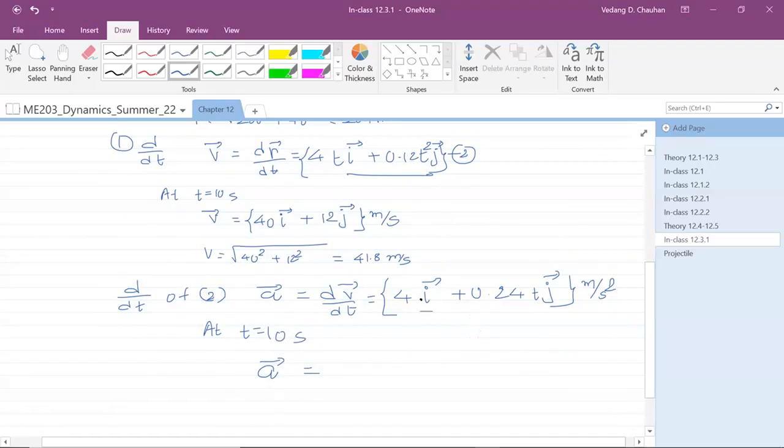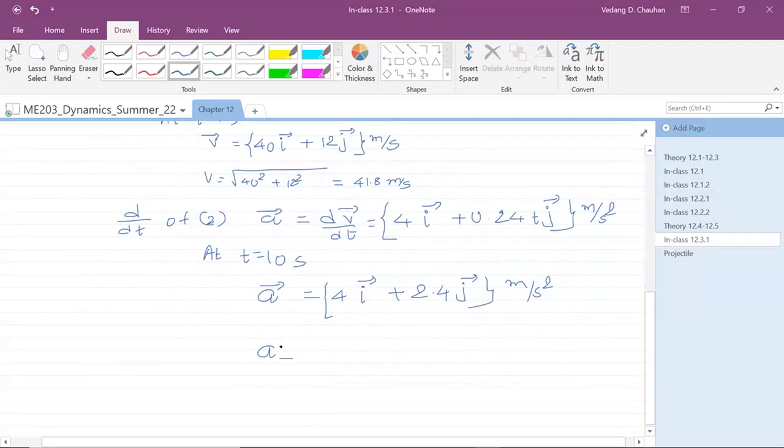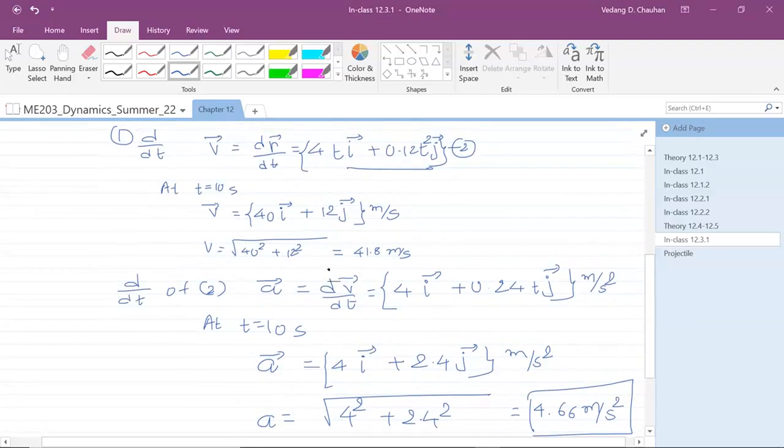So if t is there, we substitute t equal to 10. Since there is no t in the x component, it stays as is, but in the y component, it's 2.4. So 4i plus 2.4j is the acceleration of the helicopter as a vector. And the magnitude of that acceleration is the square root of 4 squared plus 2.4 squared, which is 4.66 meters per second squared. That's our third answer. So we have calculated all of the required parameters.